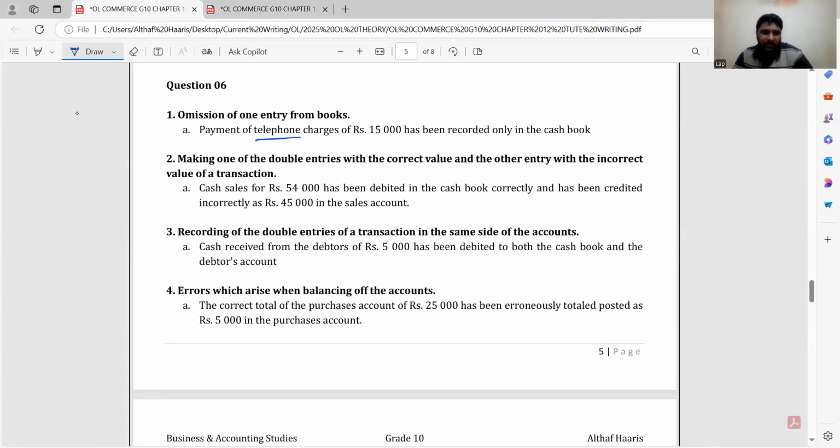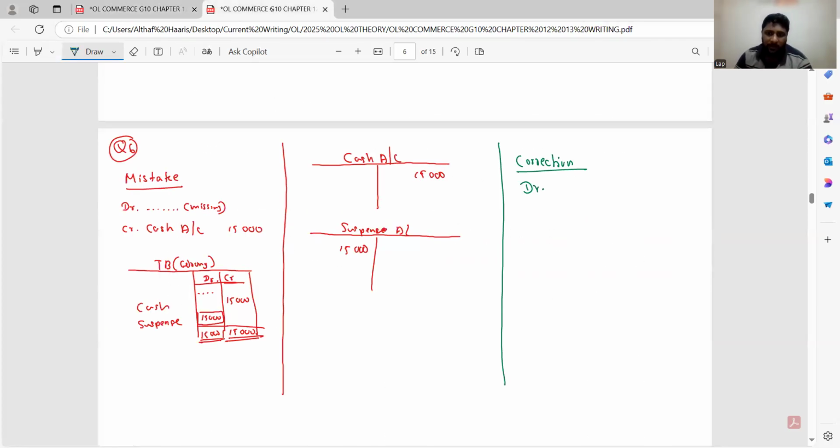Telephone charges account 15,000. But accounting means double entry, no? Accounting means double entry, not a single entry.